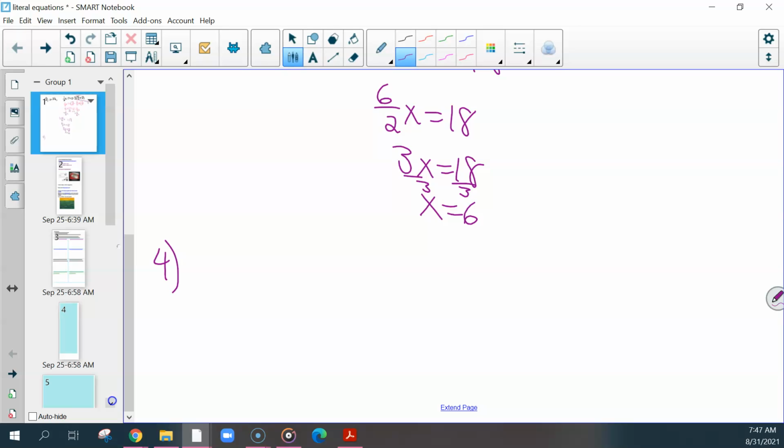Number 4 was a little tricky, not how to solve it, but how it would make infinitely many solutions. It asks for what value of k will the equation have infinitely many solutions, and this was the original equation.